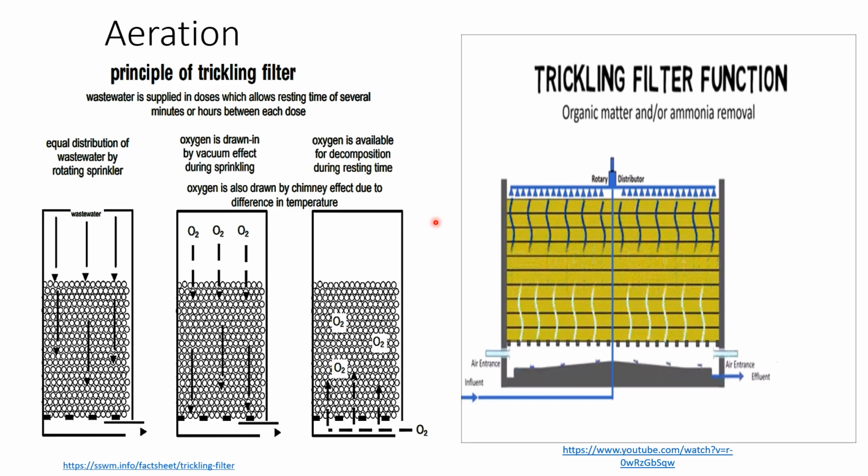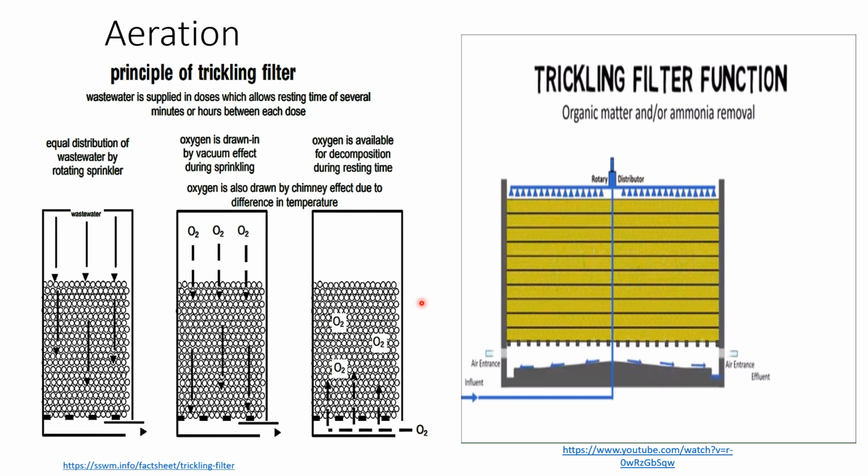Air, that is oxygen, is provided in two ways in the trickling filter. One is that oxygen is drawn in by the vacuum effect by the ventilations. As the trickling filter is trickling, due to the vacuum effect, the air is pulled from the ventilations. That is called the chimney effect.